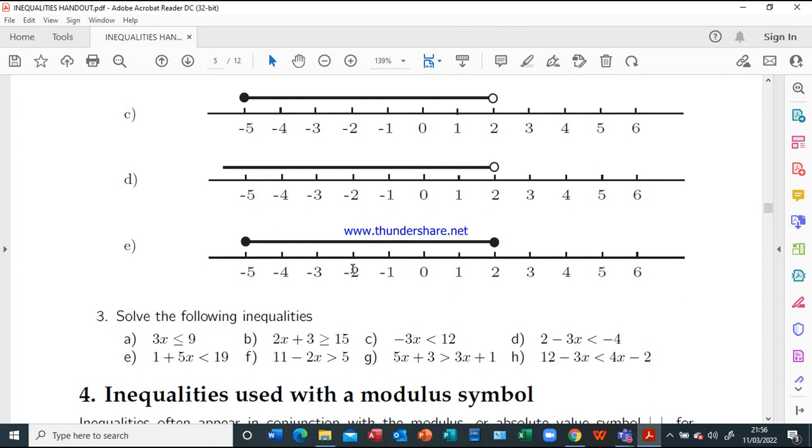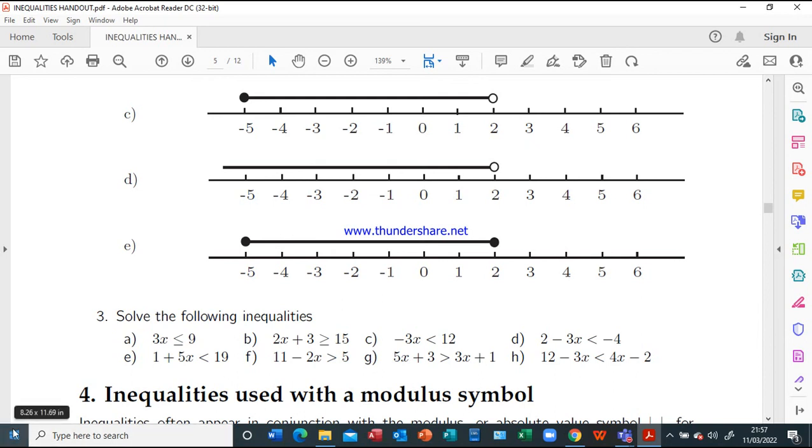That's how it will look. When you begin reading from this side, negative 5 is less than or equal to x, and then x again is less than or equal to positive 2. So in this case, negative 5 is part, 2 is part, and that's why they are both shaded. Is that very clear? Yes, sir.